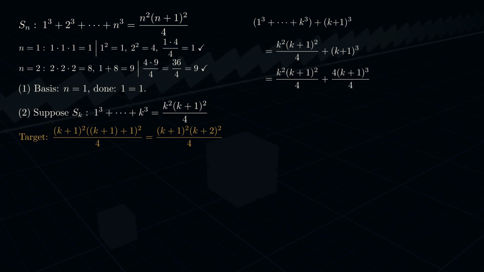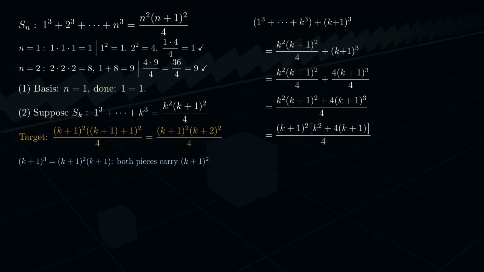One fraction. Write k plus 1 cubed as 4 times k plus 1 cubed over 4. The top is k squared times k plus 1 squared plus 4 times k plus 1 cubed. Now the same move as before, and now you know why. The target is a product containing k plus 1 squared, and both pieces on our top contain k plus 1 squared, because k plus 1 cubed is k plus 1 squared times k plus 1.